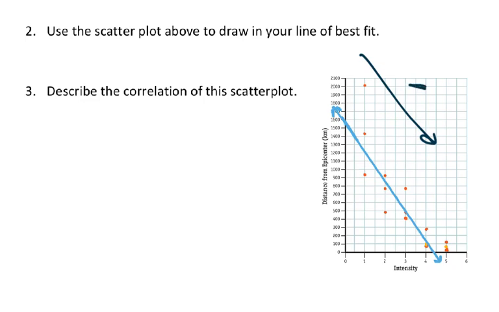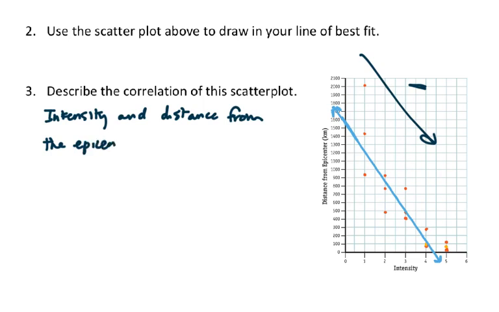So intensity and distance from the epicenter are negatively correlated. The idea is if it was further away, I could predict that it would be less intense. Or if it was more intense, I could predict that they would be closer to the epicenter.